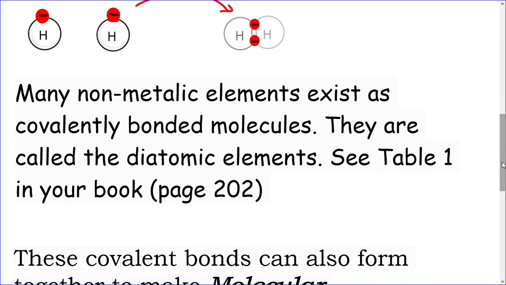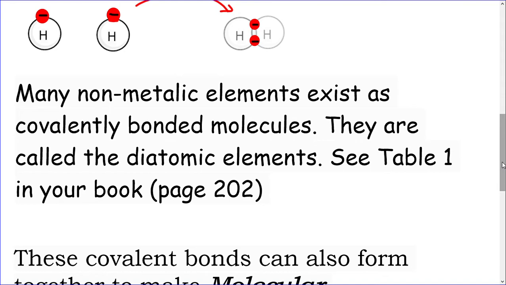So many nonmetallic elements exist as covalently bonded molecules. They're called diatomic elements, and we can see table 1 in your book, which is page 202, to take a look at these diatomic elements. There are 7 of them in general that exist in groups of 2.